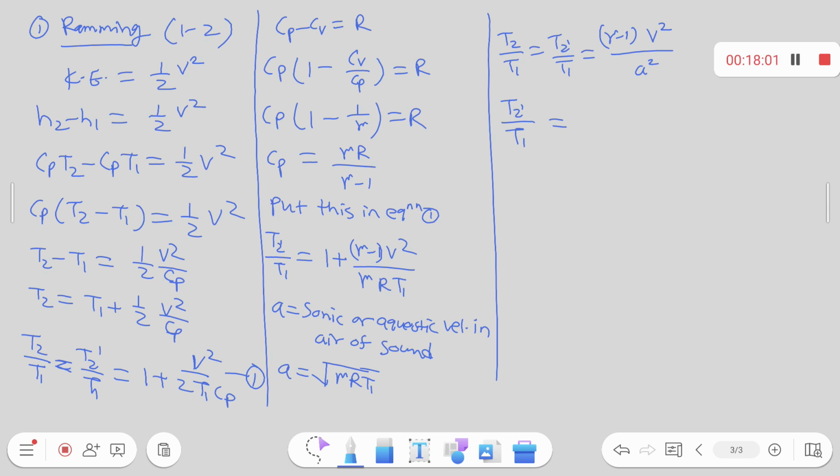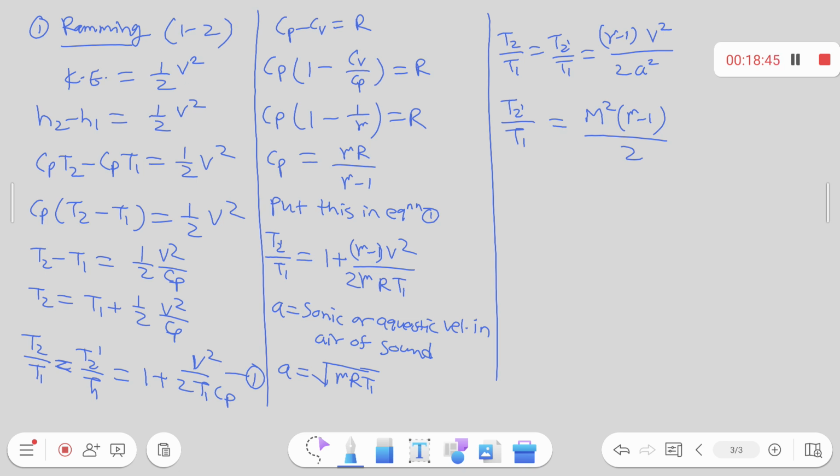Velocity of object divided by velocity of sound is nothing but Mach number, right? So here we can write M square into (gamma minus 1) divided by 2. Don't forget this, divided by 2, right? Okay? So from this you can calculate the temperature after the ramming process. Temperature at the end of ramming, right?